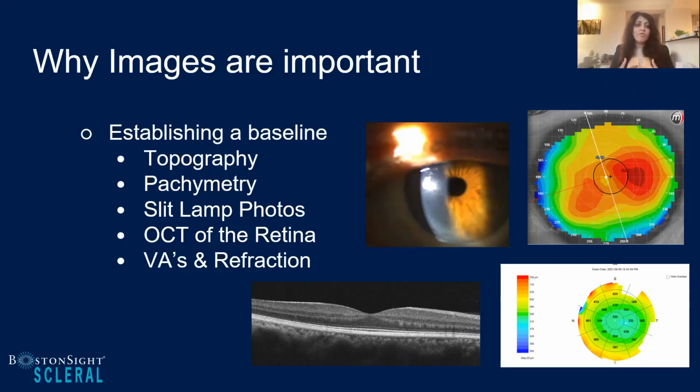People get referred to me for scleral lens fittings, and I always do a baseline OCT of the retina to make sure I know what's happening back there, because I want to know what I'm dealing with from a VA perspective. If something goes on, I need to know what happened before and after, so I can have all the pieces of information to really get a good understanding of what's going on.